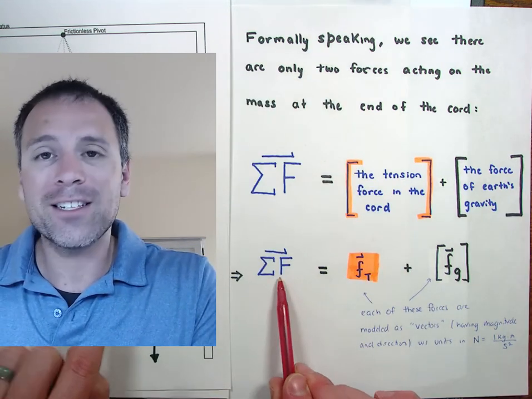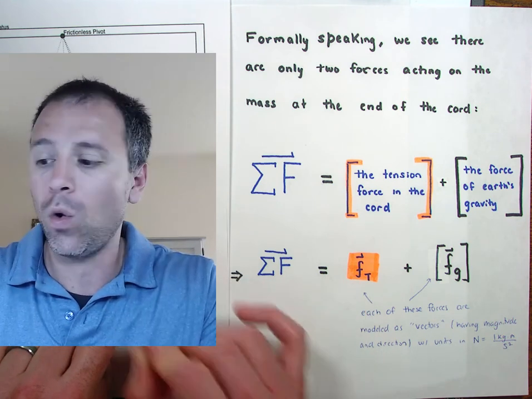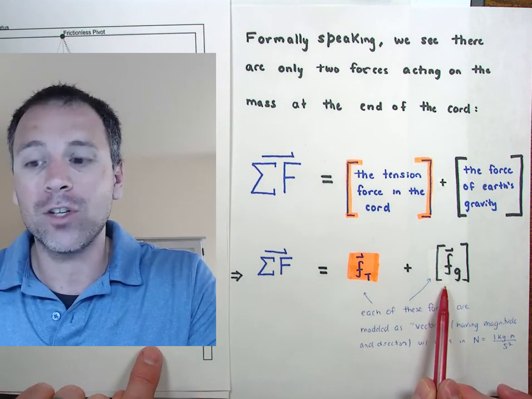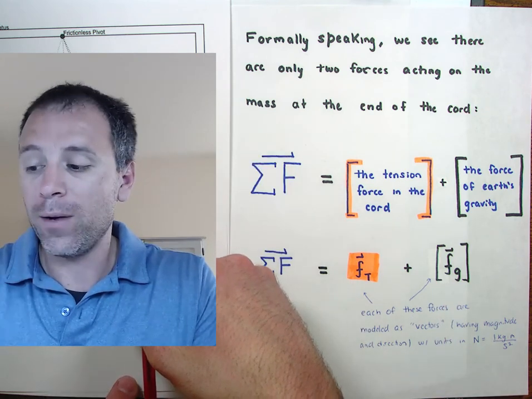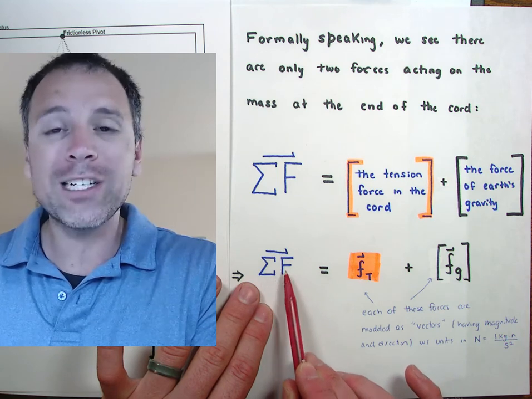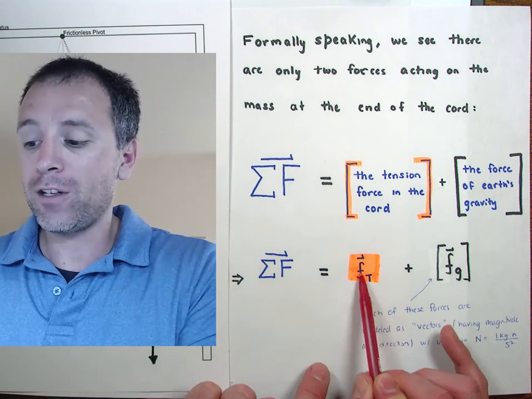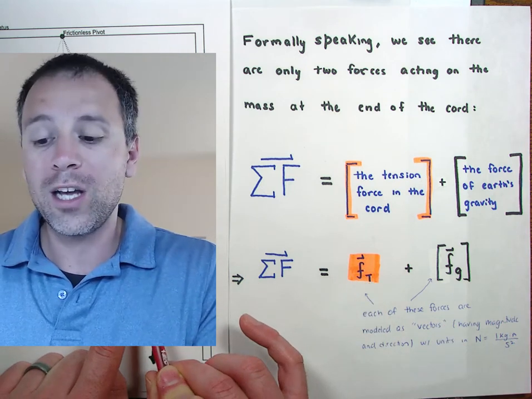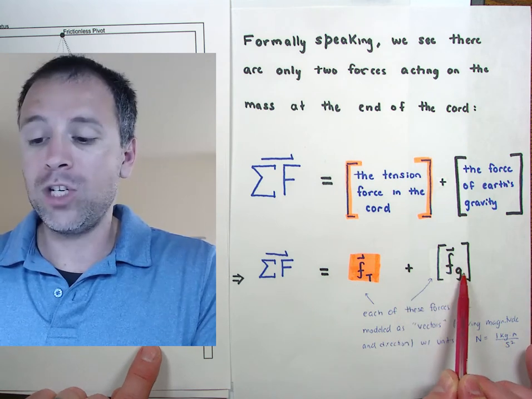That means we could write the sum of all forces as the orange vector f sub t in the direction of the chord plus the black vector f sub g directly vertically down. In mathematical notation, the net force acting on the bob is going to be the vector f sub t, which is the force of tension in the chord, plus the vector f sub g.